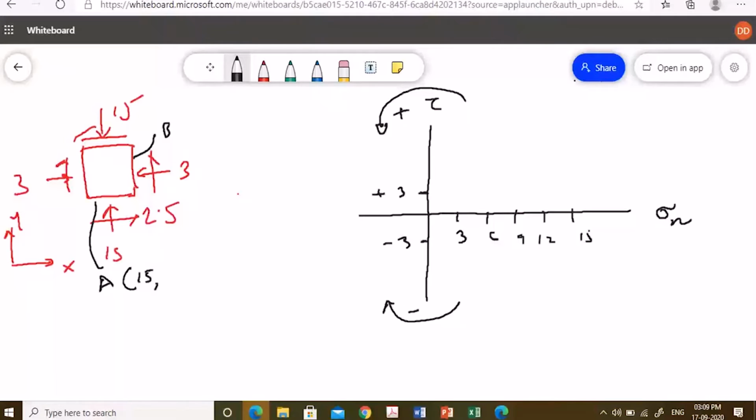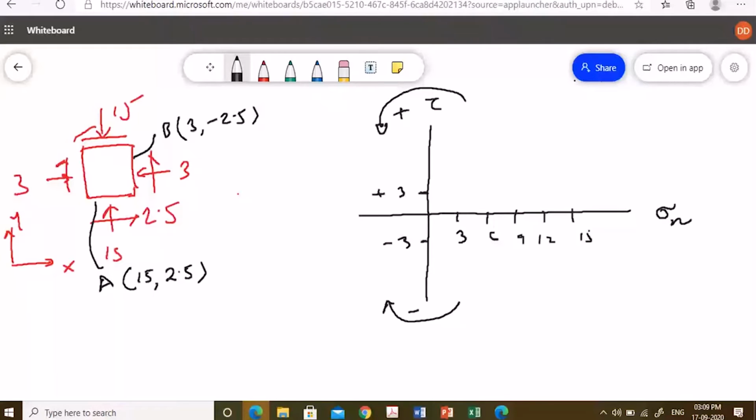The shear stress, it will be positive or negative at A plane? Positive. Positive. So I hope everybody understood, because this is going in a counterclockwise. So this is positive. So this one is 3 and negative. Okay. So these are my 2 points in this graph paper.